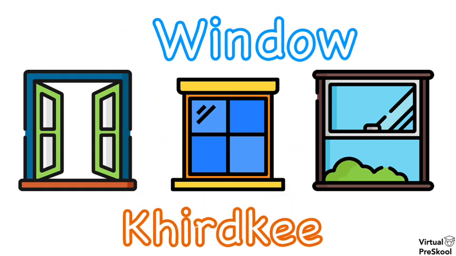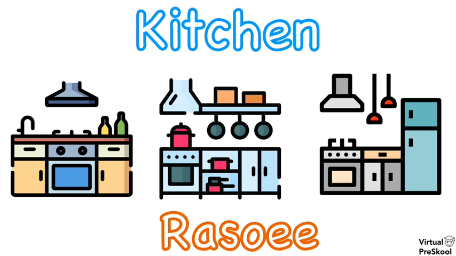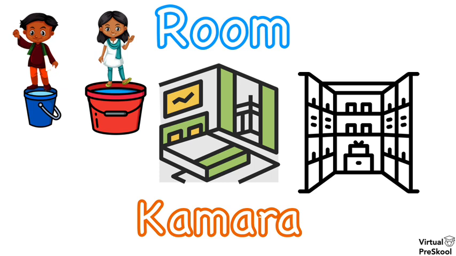Now this is a tricky H word. Notice the H after the K. Khirki. Okay, keep practicing that. Kitchen. The kitchen is a rasoi.